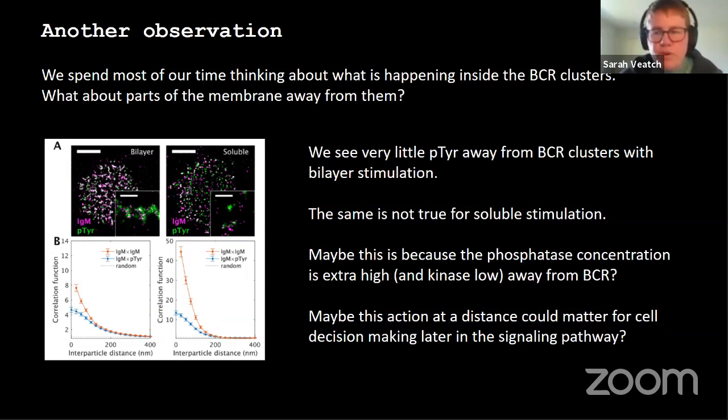Maybe there are still proteins out there doing stuff, sensing this depletion of kinase and enrichment in phosphatase, and somehow interacting with these complicated signaling networks that govern downstream signaling and cellular level responses. So I don't know, maybe there's something interesting to think about in looking at what's going on away from the receptor.